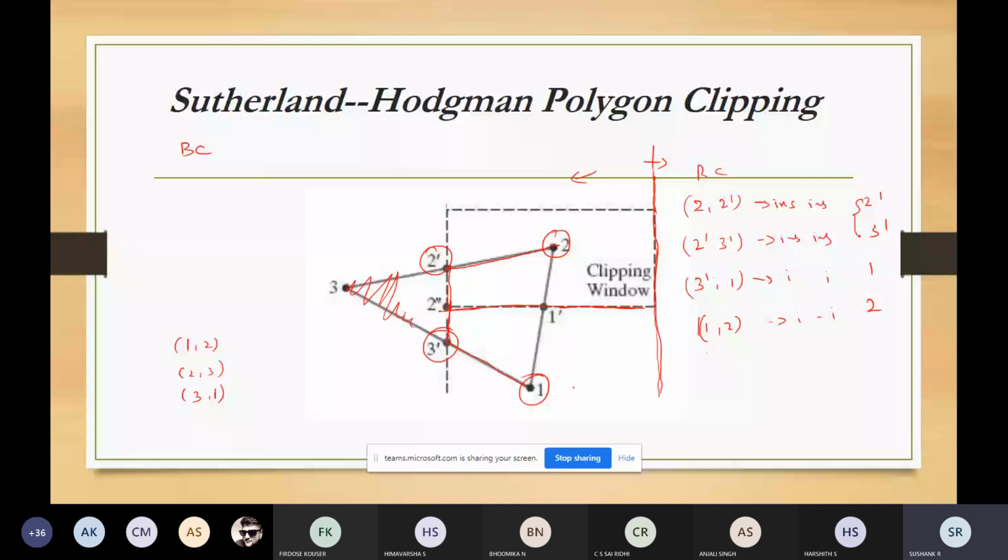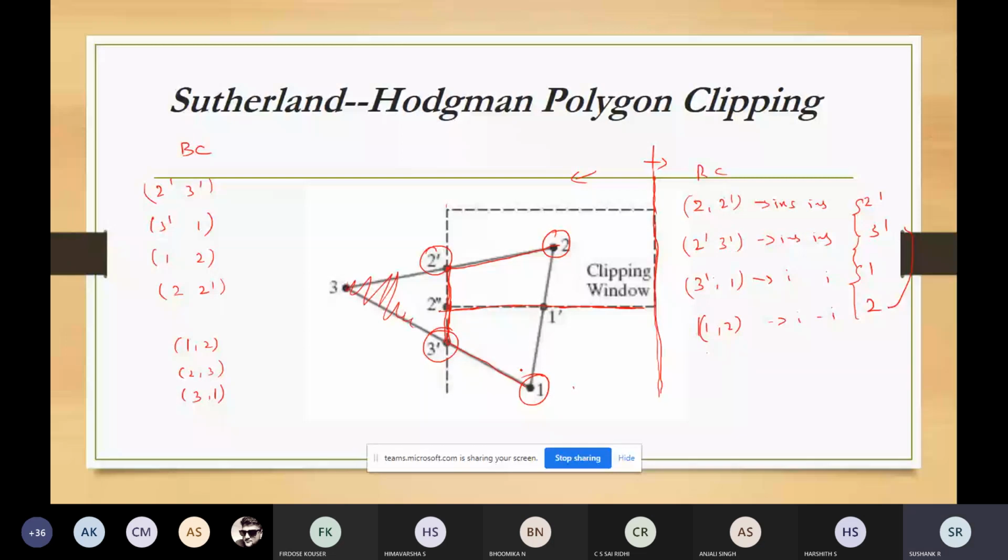The first edge will be 2 dash, 3 dash, second will be 3 dash, 1, then 1, 2, then 2, 2 dash.